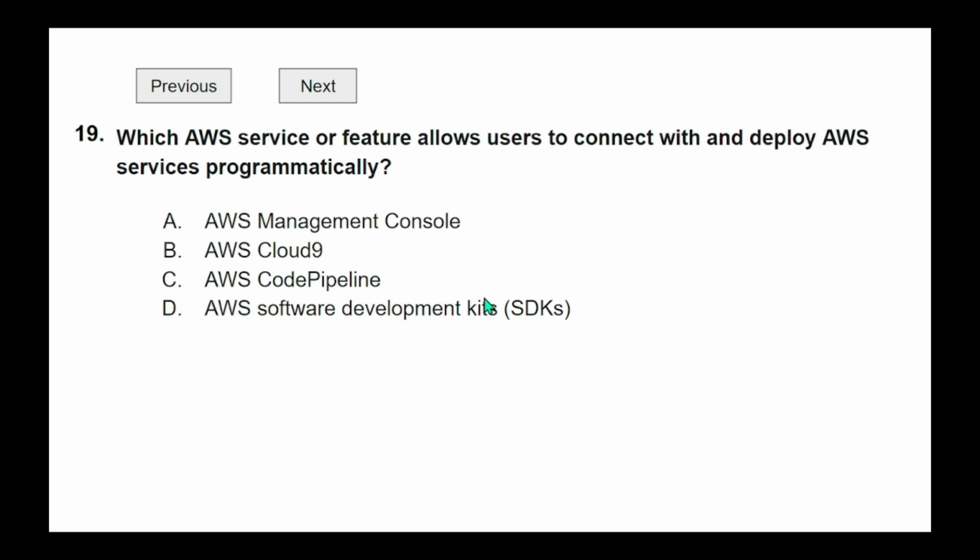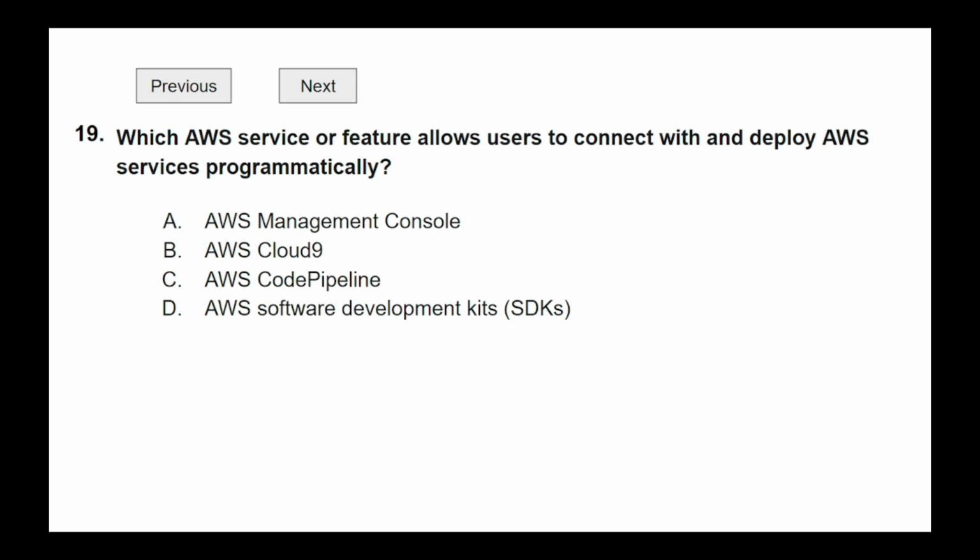Which AWS service or feature allows users to connect with and deploy AWS services programmatically? Option A, AWS Management Console. Well, we don't write any code on the console. AWS Cloud9 is like an IDE. Then AWS CodePipeline, well, that doesn't make sense.